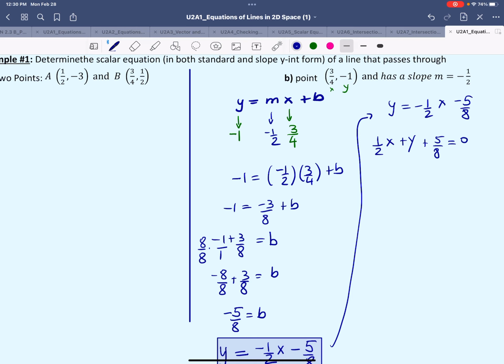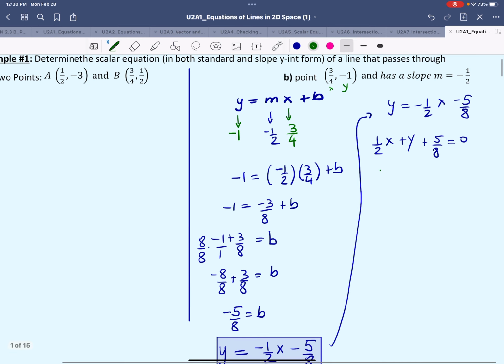Another thing we need to take care of is the coefficients. The coefficients must be all integers, and the first one has to be a whole number. So for this, we are going to eliminate all the denominators by multiplying every term in the equation by the lowest common denominator, which in our case appears to be 8.